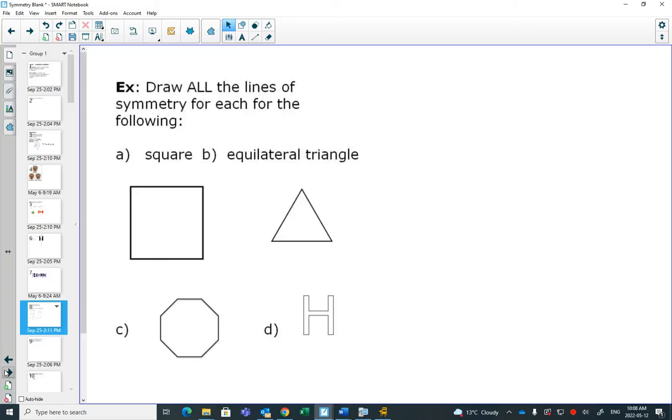So now we have some with more than one line of symmetry. Your job is to draw them all. All the ways you can cut these in half. So these ones, how many ways can you cut them in half?